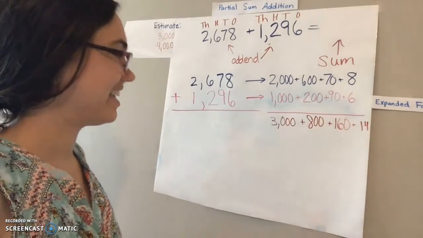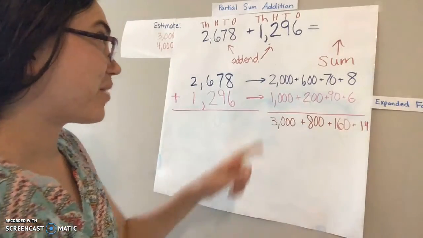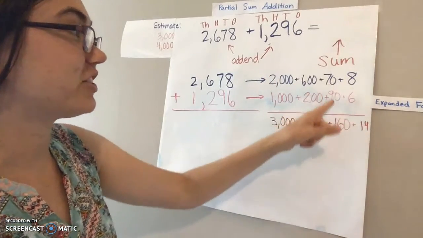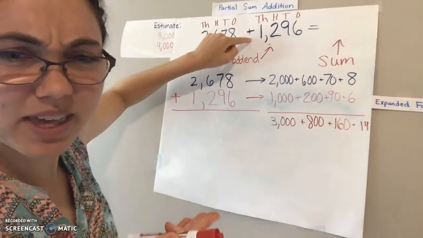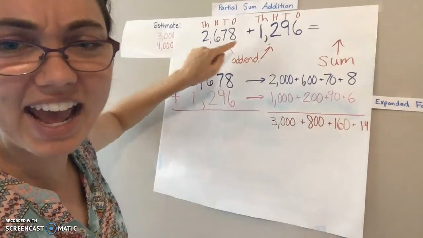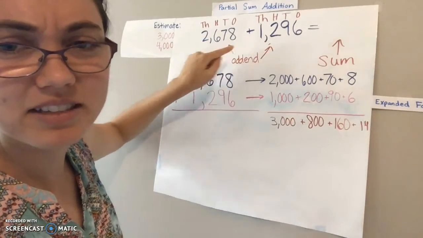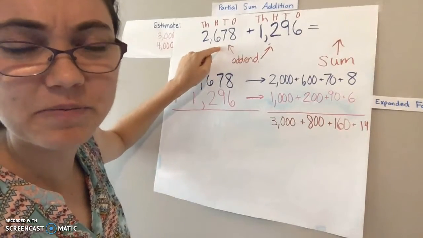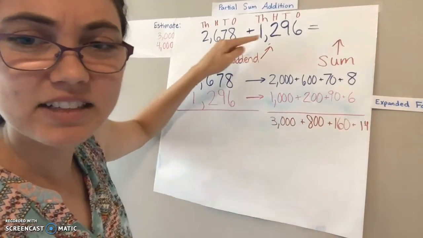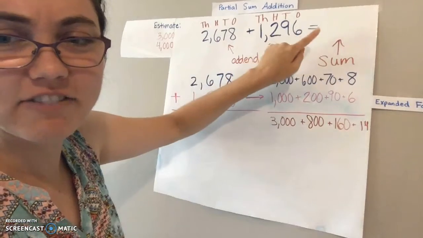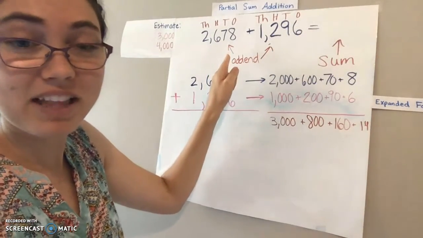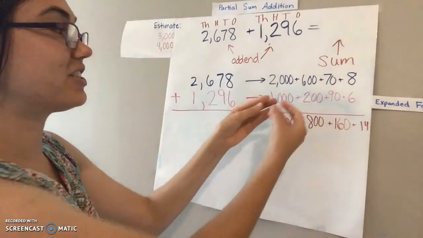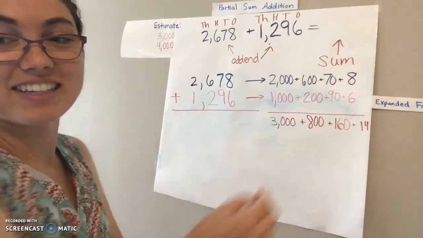Alrighty. So now that we have used our partial sums, remember sum means we're adding. What are we trying to do again? Oh, we're just trying to add these two complex numbers, these big numbers. So there was our first addend, there was our second addend. We're trying to find the sum, but we said these numbers are so big and complex. Let's stretch them out.